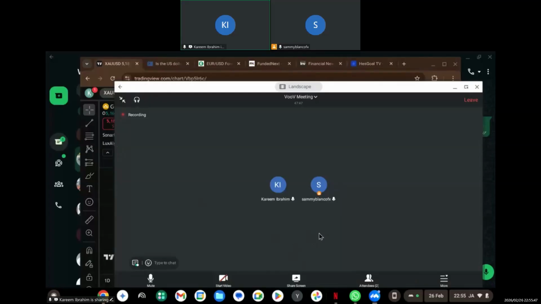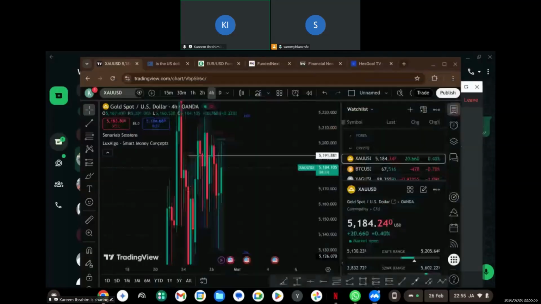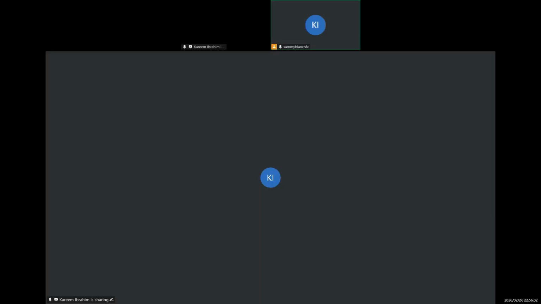Enter your TradingView. Can you see anything? Yeah, I can see the screen now. You go to the TradingView. Exactly. Now, pick your Fibonacci level and put it on your screen. You stopped sharing again. Is this still sharing? It's not sharing now. You stopped it again.